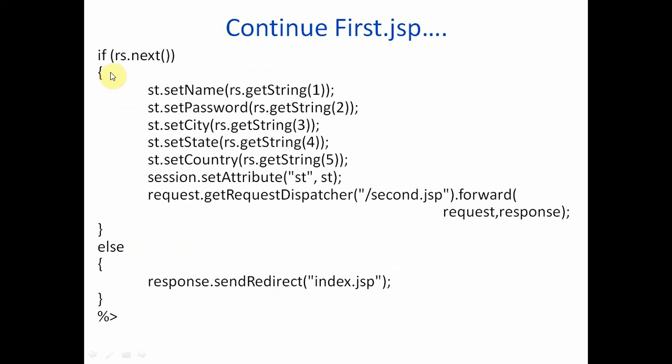And if rs.next does not return true, then we will come to else, and response.sendRedirect means we will return back to index.jsp. If rs.next does not return true, meaning no record comes for that username and password, then we come to else and the response takes us back to index.jsp. Otherwise the request will send us to second.jsp. It means we will move to second.jsp.